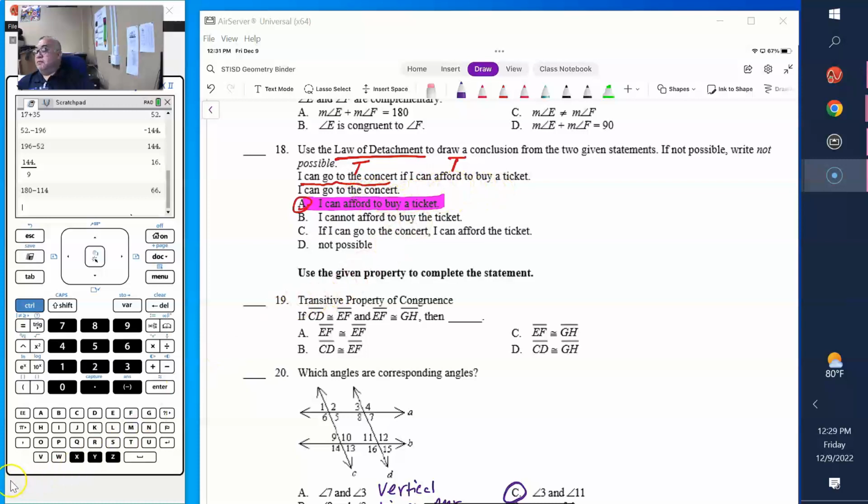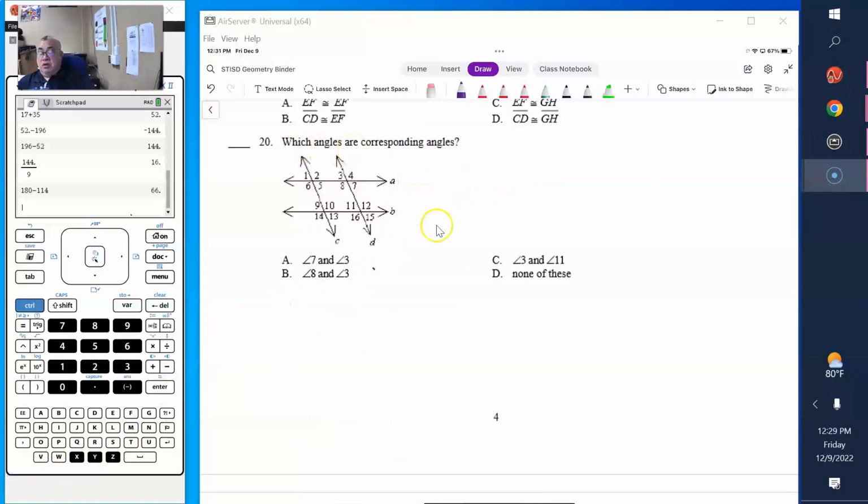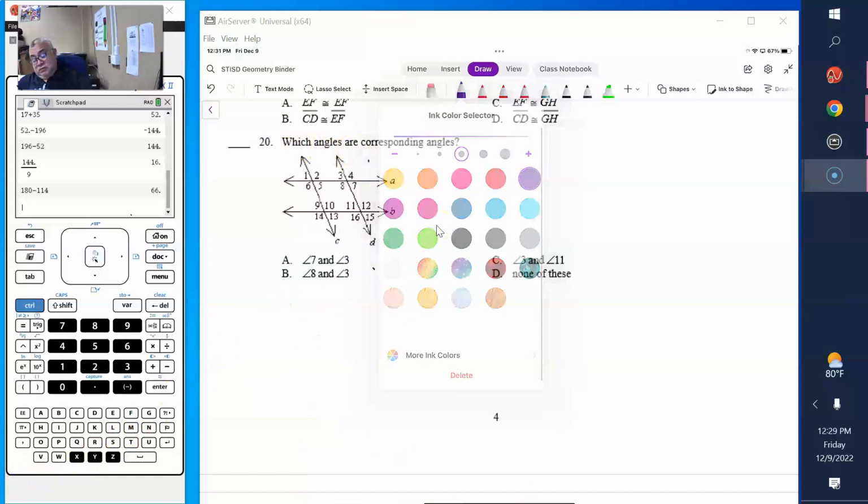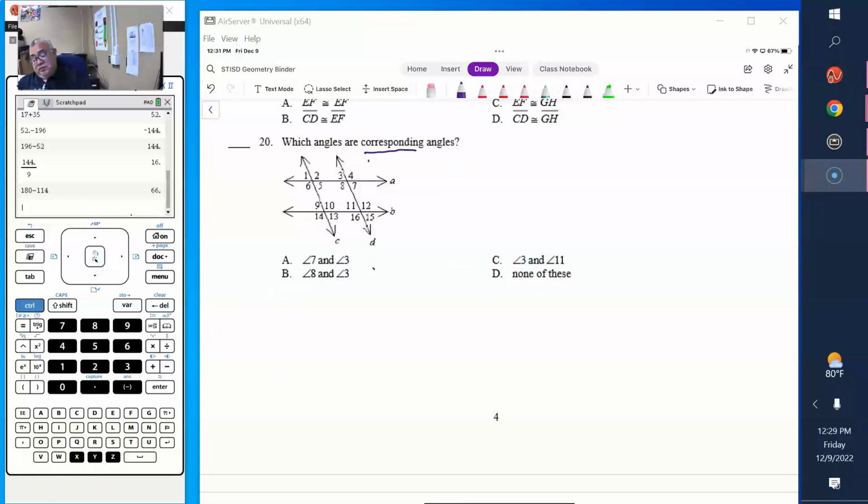Okay. Which angles are corresponding? 7 and 3 are vertical angles. See how they're across each other? They're vertical angles. 8 and 3 are a linear pair.